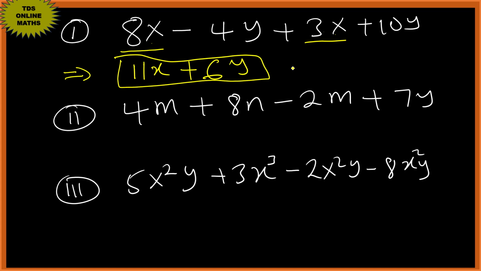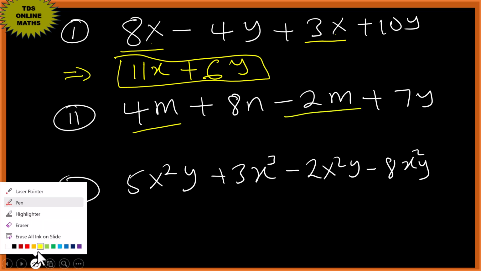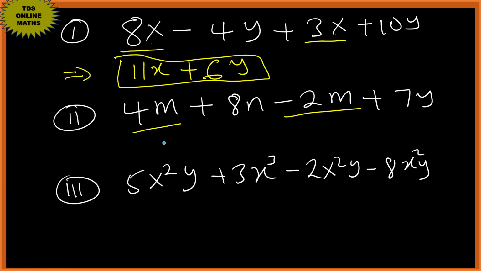Now let's look at the second example. We have 8m plus 8n minus 2m plus 7y. Now we have 8m here minus 2m there, so they are the like terms, so we can put them together.